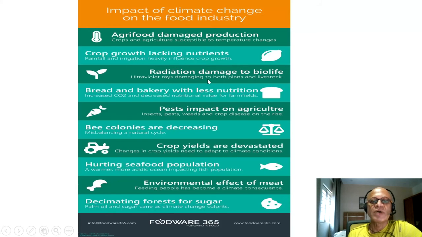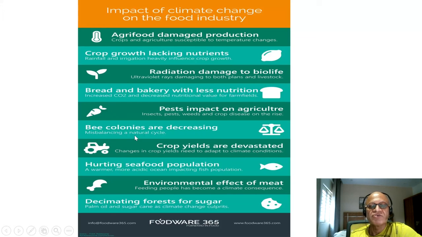Radiation damage to biolife, so UV radiation damaging both plants and livestock. Bread and bakery with less nutrition. Pest impact on agriculture, so warming, humidity, rainfall, etc. affect pests, plus application of pesticides, pesticide efficacies, water pollution, impact on crops itself.